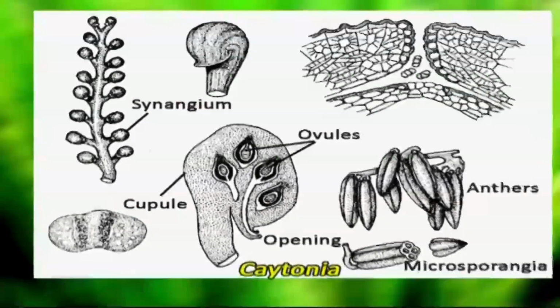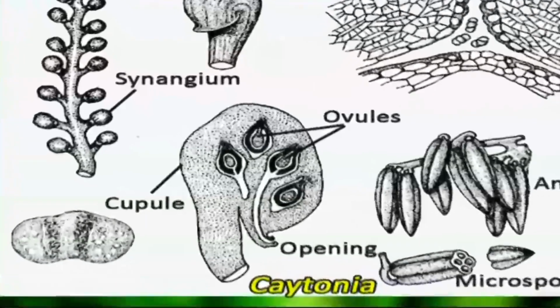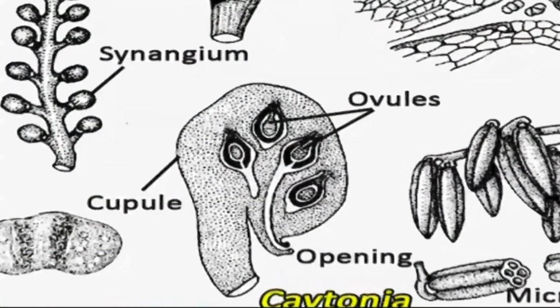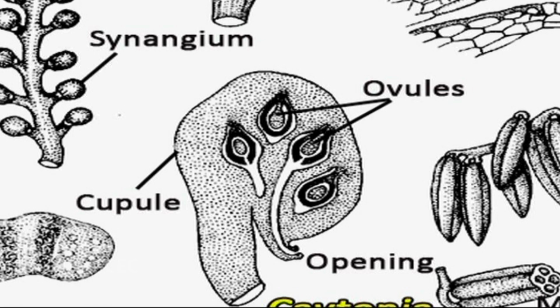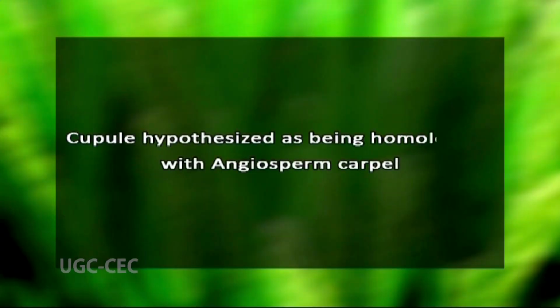The female reproductive structures of Caytonia consist of a spike-like arrangement of units that have been termed cupules. Each cupule encloses a cluster of unitegmic ovules or seeds with a small opening in the cupule near the proximal end. The cupule has been hypothesized as being homologous with the angiosperm carpel.